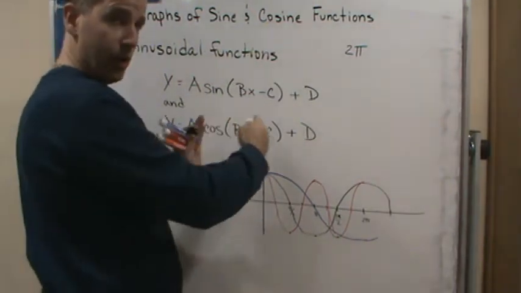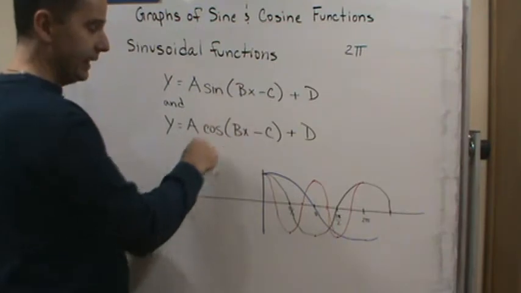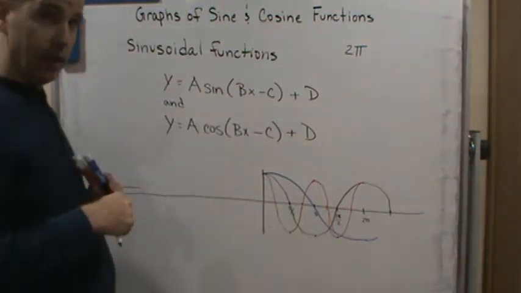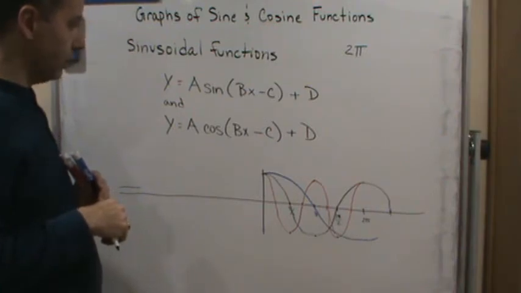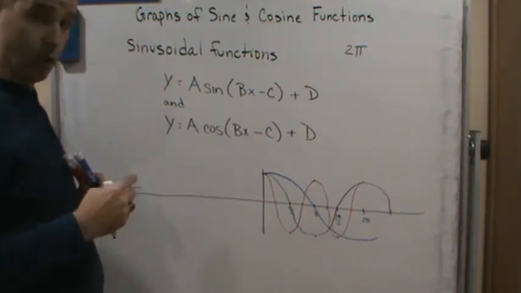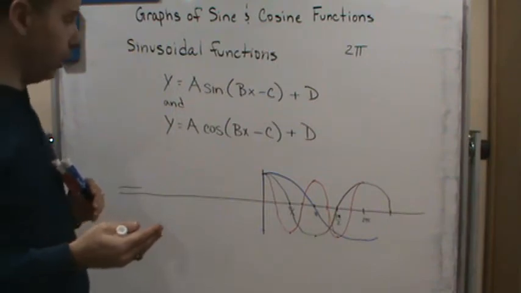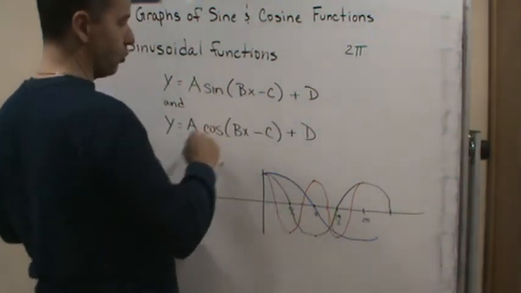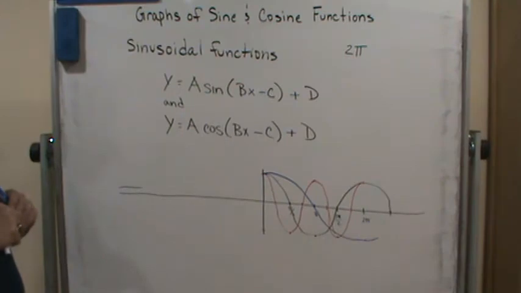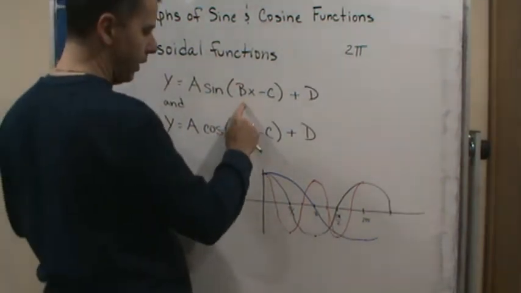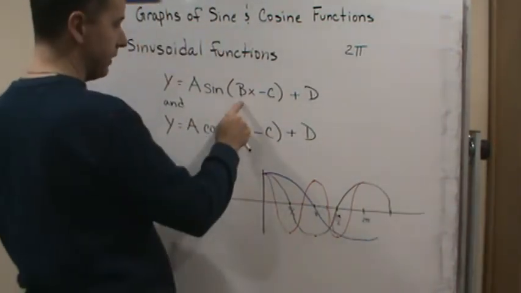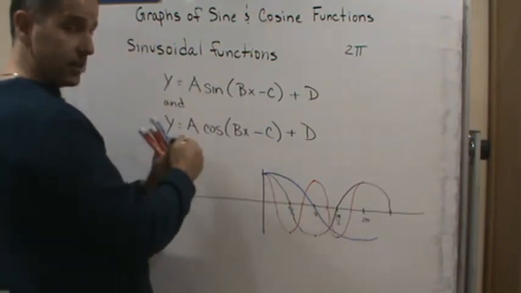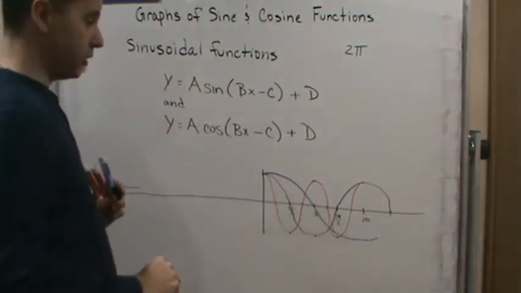If B is greater than 1, it compresses it. It squeezes it horizontally. If it's less than 1, then it becomes a horizontal stretch.